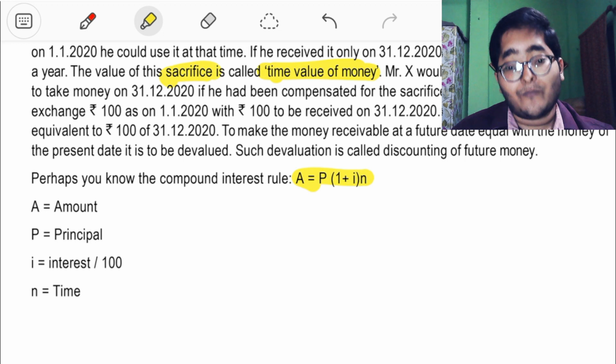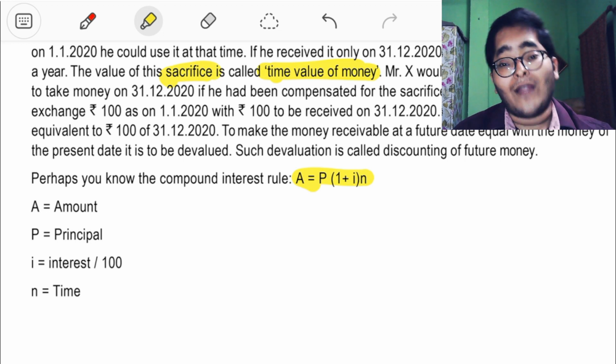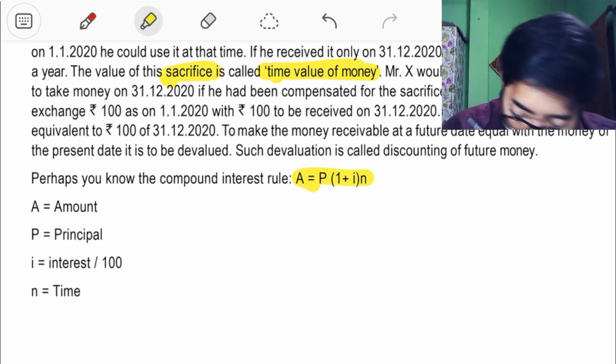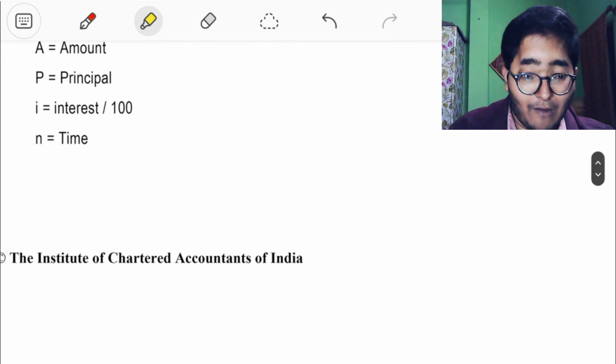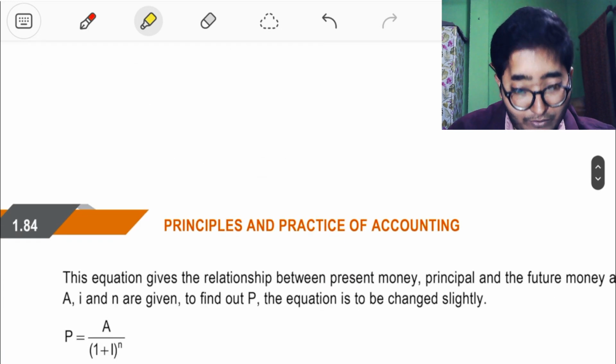Amount equals principal into 1 plus I to the power n. It should be in the power.